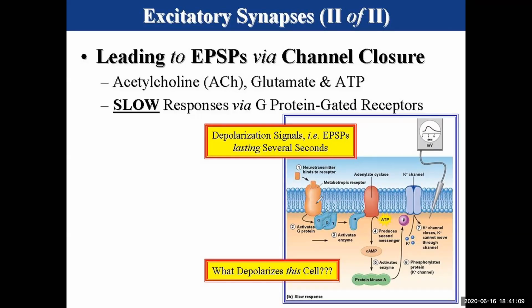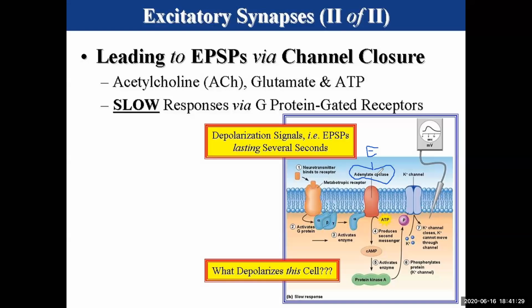So upon binding, the G protein is activated. Its alpha subunit activates a transmembrane protein acting like an enzyme. This is the enzyme that I mentioned earlier. So this is the adenylate cyclase acting. This is a bona fide enzyme.